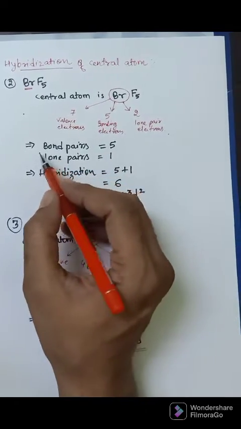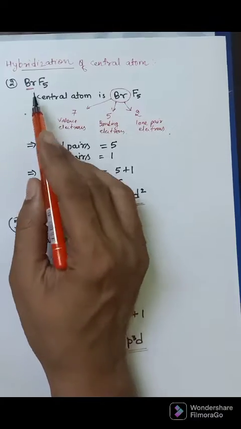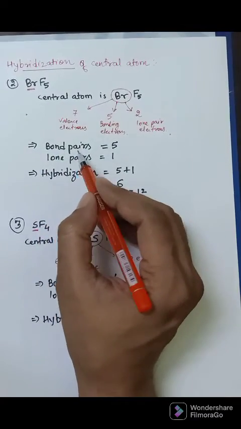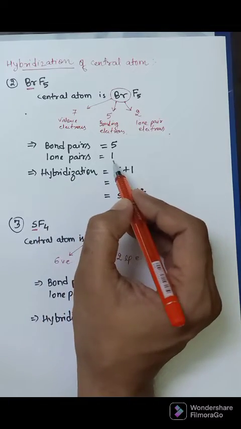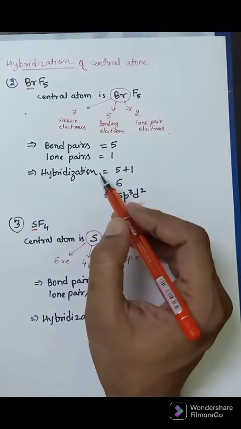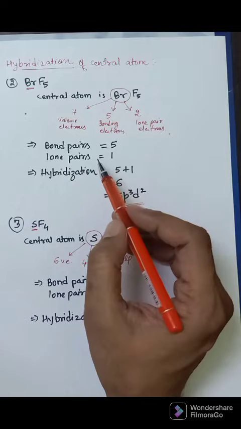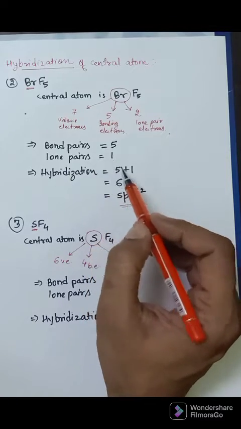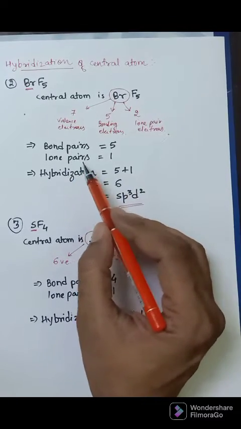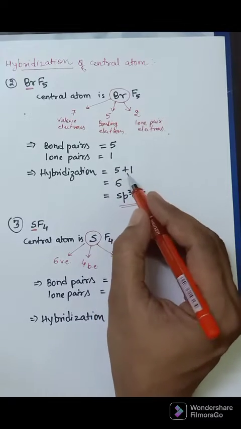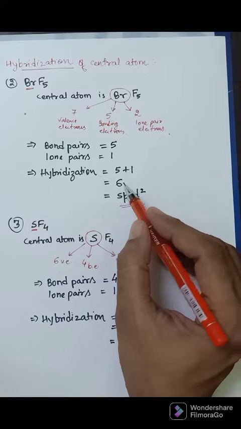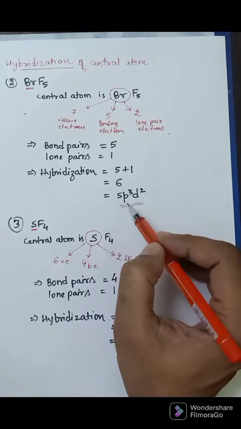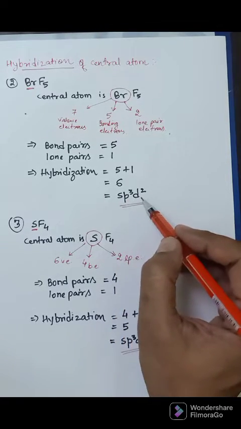So finally the BrF5 molecule has bond pairs equal to 5 and lone pairs equal to 1. If we see the above table, the number of bond pairs and lone pairs is 5 plus 1 equal to 6, and if it is 6, then the hybridization is sp3d2.